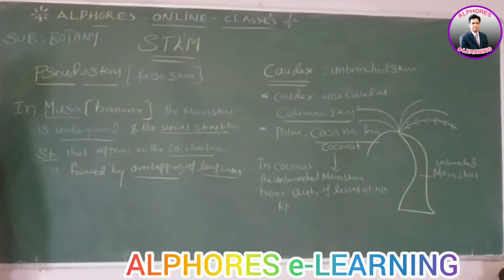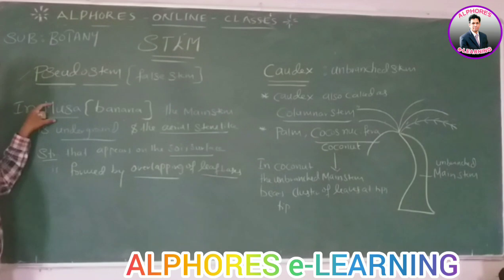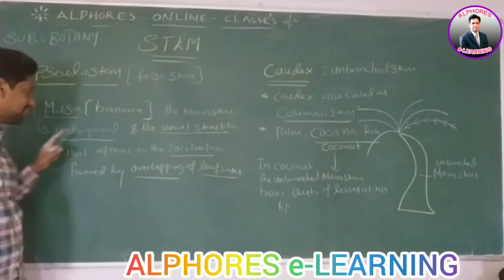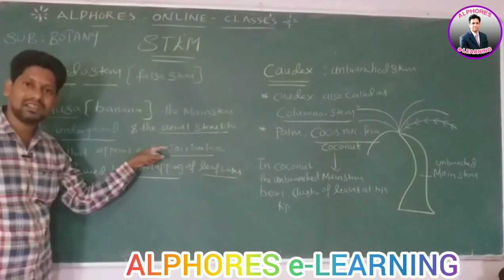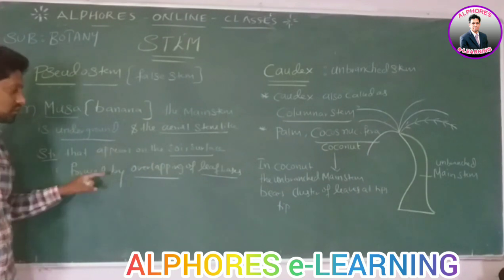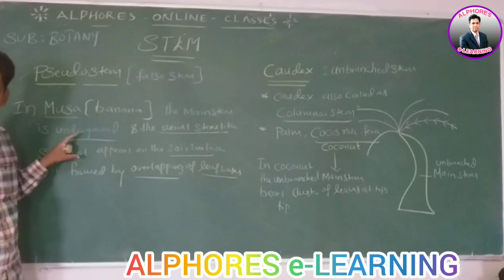What is it called? Pseudostem. Therefore, pseudo means false, so pseudostem means false stem. In banana, that is in Musa, the main stem is underground, and the aerial stem-like structure we see on the soil surface is the pseudostem, formed by overlapping of leaf bases. Is it okay? Clear?